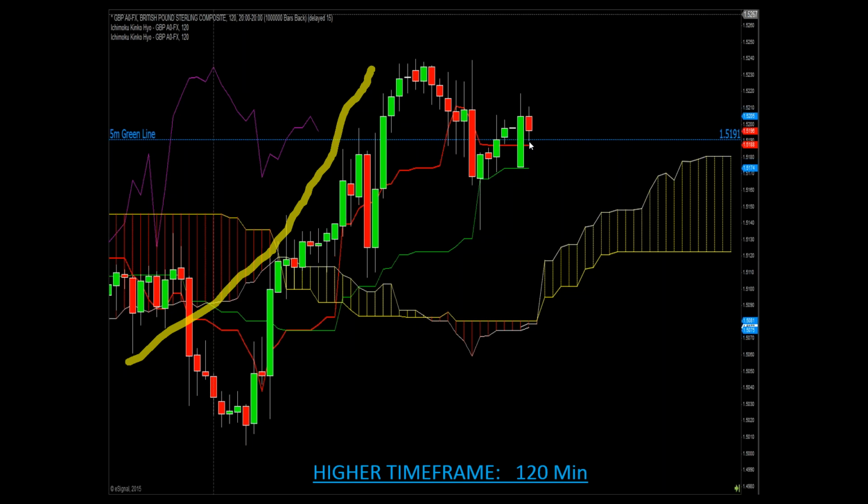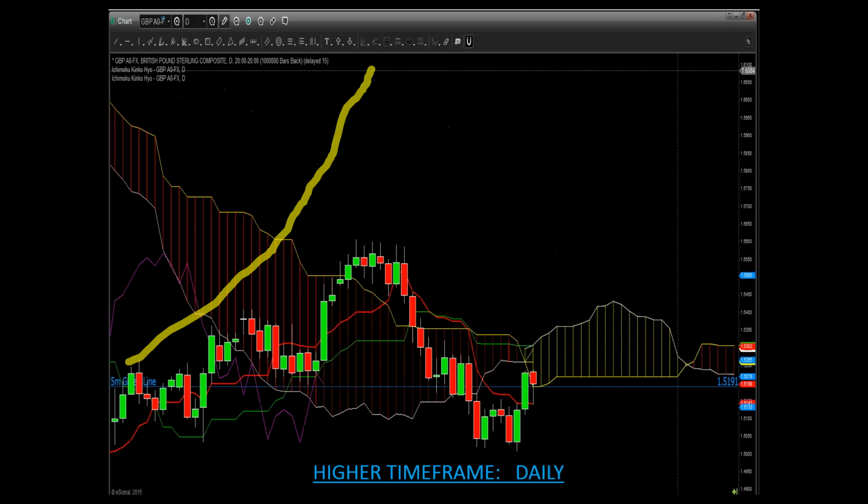Since this is just a spread difference, we're going to say that the red line matches the blue line here, because that's just dealing with the spread, which is the commissions in the currency world. And on the daily time frame, you can see that this yellow line here matches the blue line here.